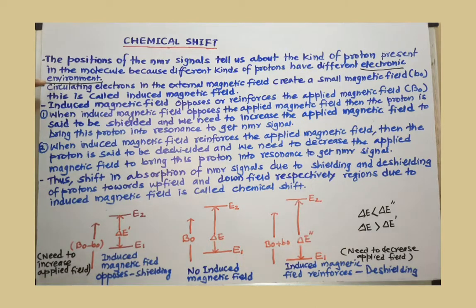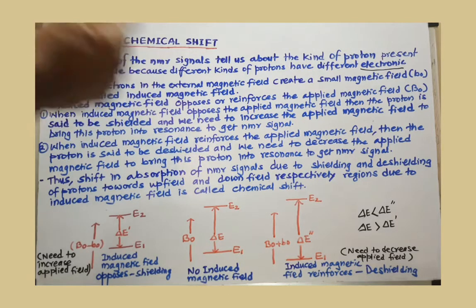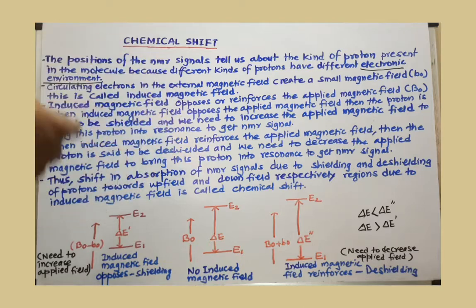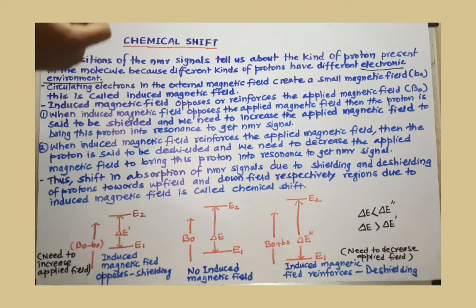Now, coming to the next point, please listen carefully. The electrons present in the bond, as I mentioned, we can call the intervening electrons, whether in a sigma bond or a pi bond, are circulating. They also act as tiny bar magnets, because electrons have a negative charge, so they are charged particles, and in the presence of an external magnetic field they produce a small magnetic field, just like protons.